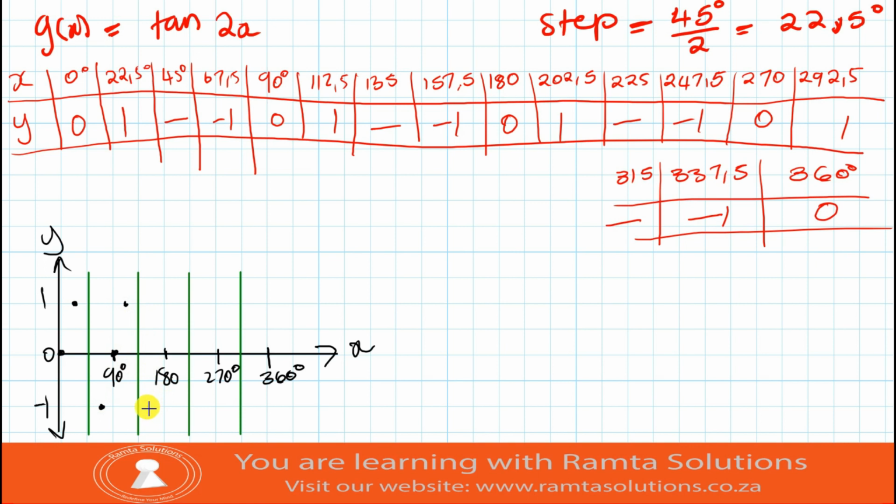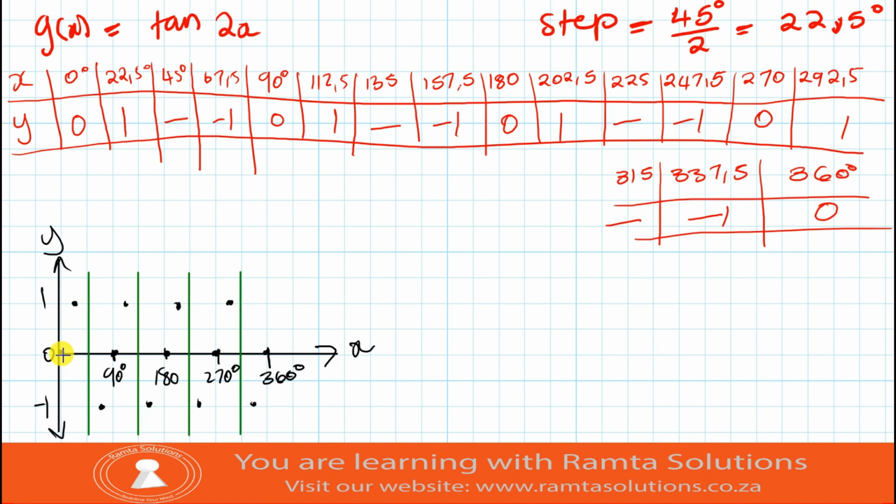When x is 180, we get 0. When x is 202.5, we get 1. When x is 225, it's undefined. When it's 247.5, we get -1, 0, and 1. When it's 315, we get undefined, and at 337.5, we get -1, then 0.